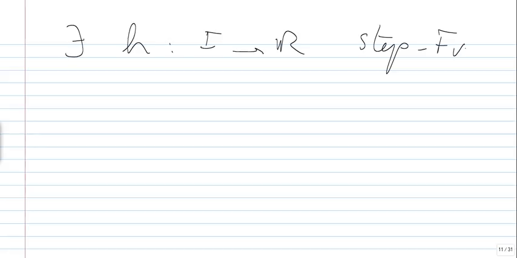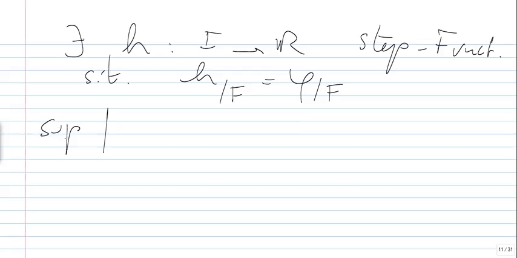There exists also a step function h defined on I such that h restricted to F is equal to phi restricted to F, right? So now what do we have? We have the sup over F.